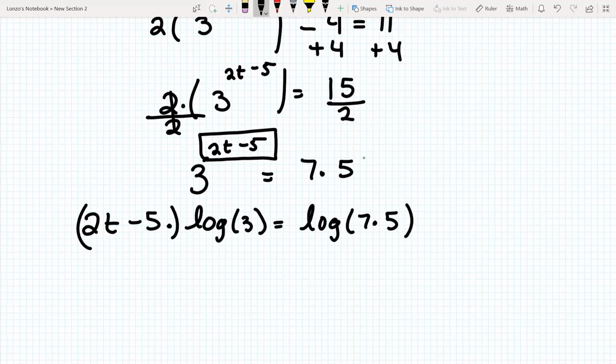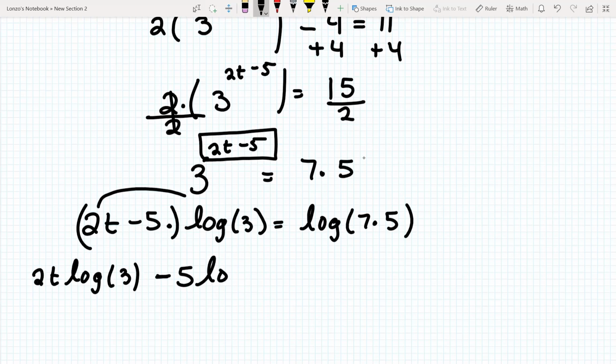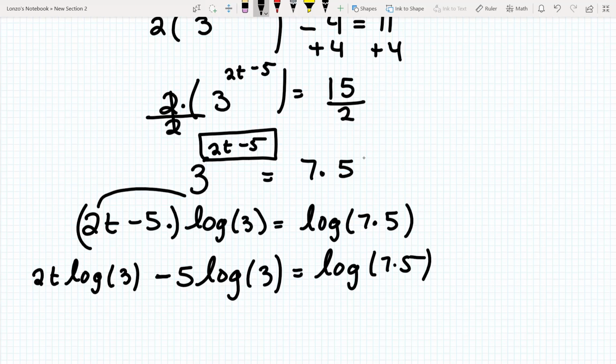That's multiplication, so you multiply each term by log 3. 2t times log 3 gives 2t log 3, and negative 5 times log 3 gives minus 5 log 3, equals log of 7.5.